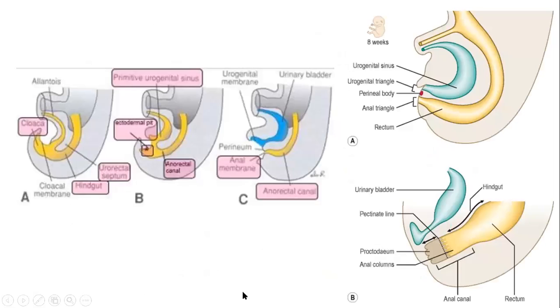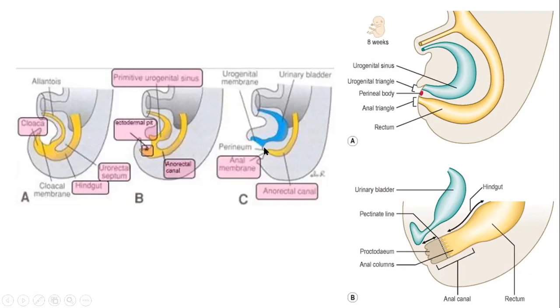Okay. So here you can see the development of the cloaca. And here you can see the development of the urorectal septum. Okay, so here is the hindgut, and here is the development of the urogenital part. So here is the primitive urogenital sinus, and here is the development of the anorectal canal separated by the perineal body.